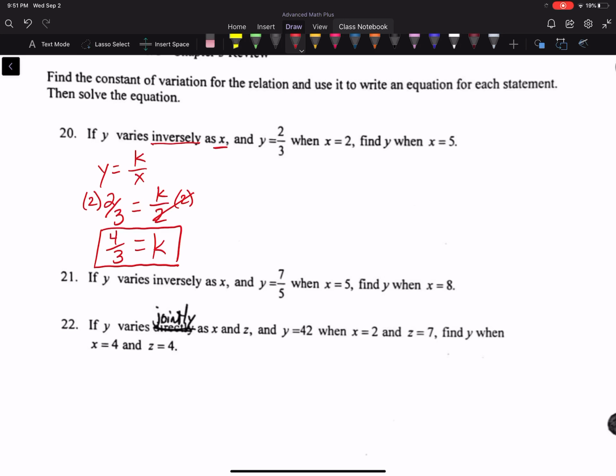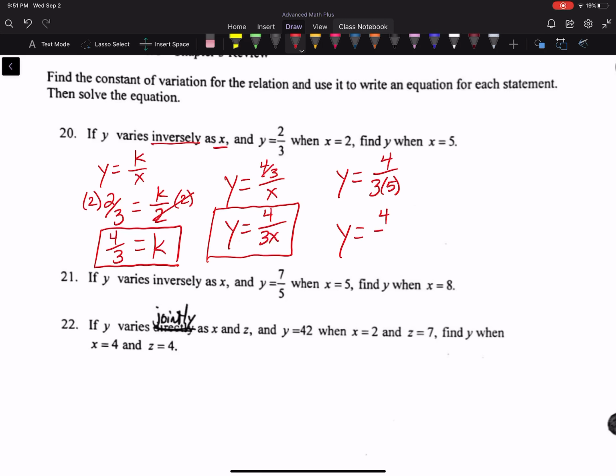Then you plug in k, so y equals 4/3 over x, or you could write it a little simpler, 4 over 3x. Just make sure your x is in the denominator, okay? And then plug it in, it says what is y when x is 5? So y equals 4 over 3 times 5. Y will be 4 over 15.